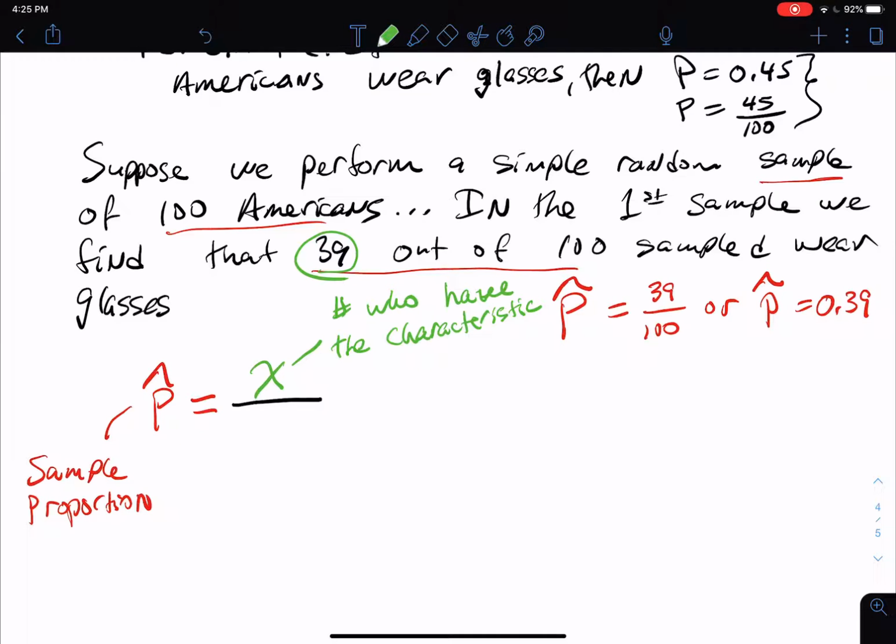In this case, the characteristic is people that wear glasses. The denominator is n, which is the total people, called our sample size. So the number of people who have the characteristic of wearing glasses out of the total people, n, gives us our sample proportion.